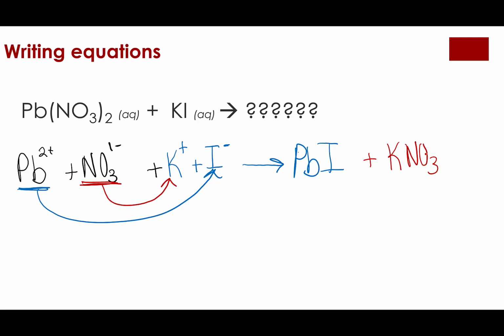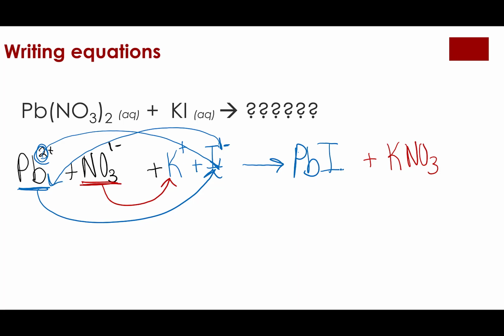Well, I just put ionic compounds onto the paper. I have to think about charges, right? I have to make sure they're electrically neutral. So looking back at lead and iodine, lead is a positive 2, iodine is a -1. So we're going to need to flippity-floppity those subscripts.